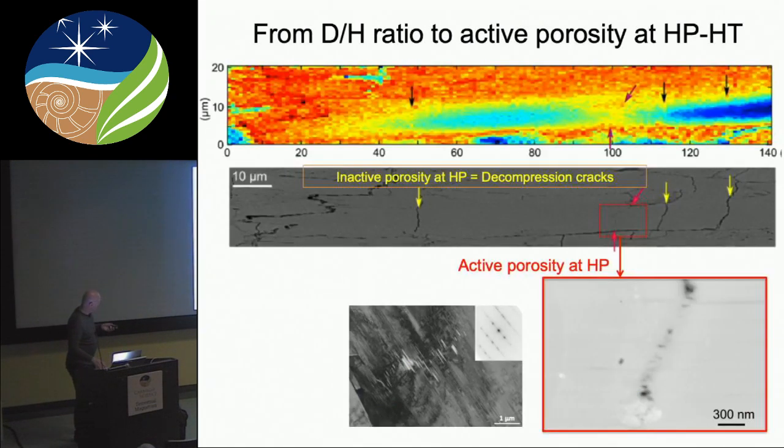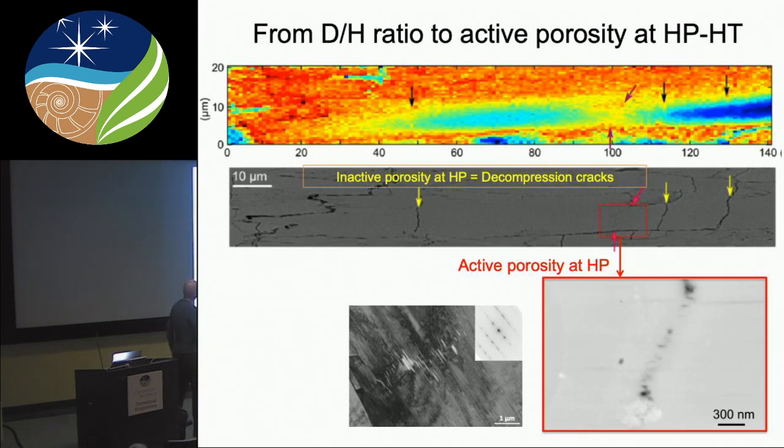And we can also start discussing what we see in terms of texture on this kind of map. So here is the same map as I've shown before, and the corresponding SEM image of the surface of the sample. So we have this very large crystal here that has constant crystallographic orientation.